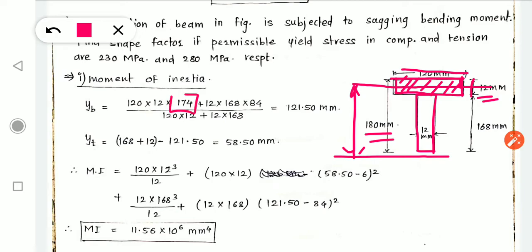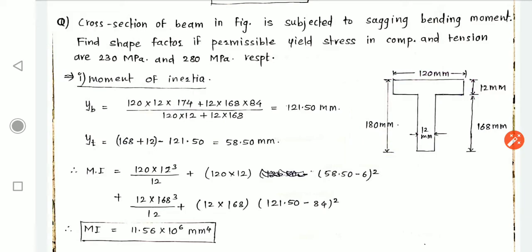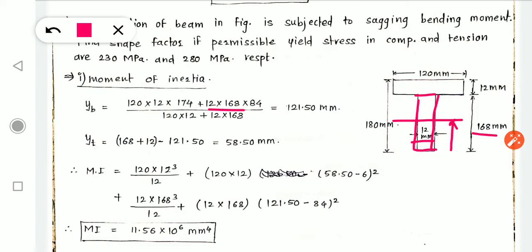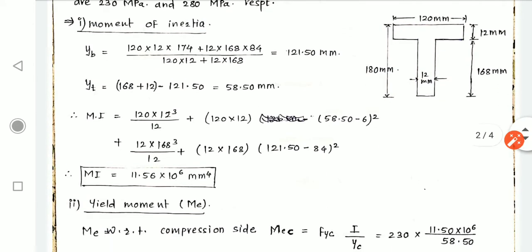That's why 175. In the next step, I am going to calculate it for this region. For this region, area will be 168 into 12, and half of it up to the bottom, that will be 84. And in the denominator I am adding the areas of the two sections which I have considered for calculation. Understood? From the calculator you can get this value as 121.50 mm.